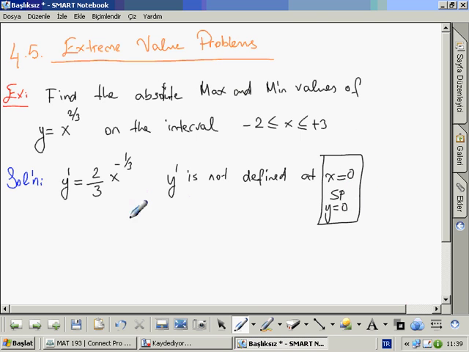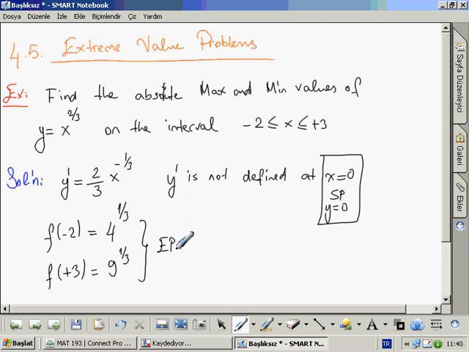And the endpoints: f of minus 2 is equal to 4 to the power of 1 over 3, and f of plus 3 will be 9 to the power of 1 over 3. So these are the endpoints.